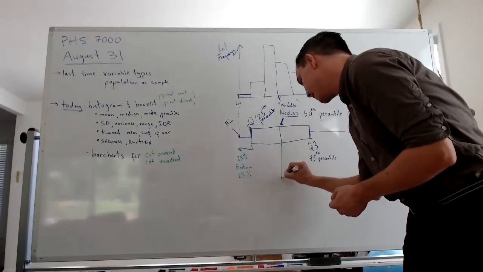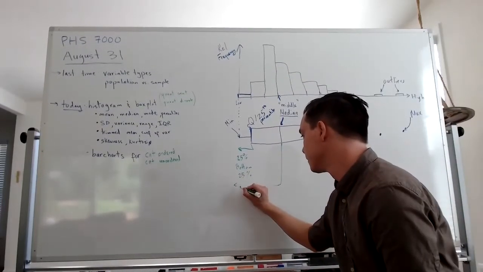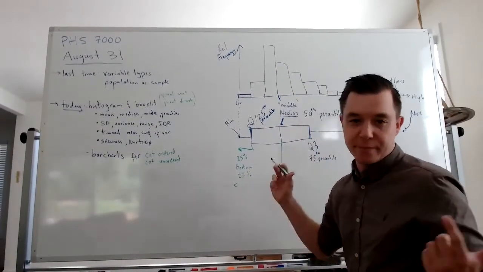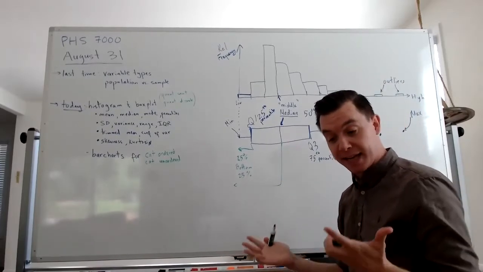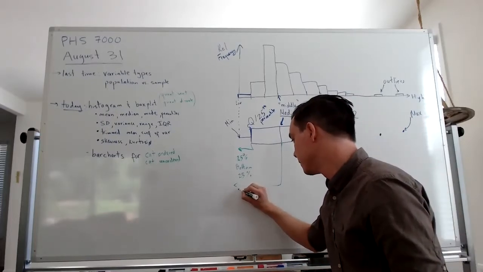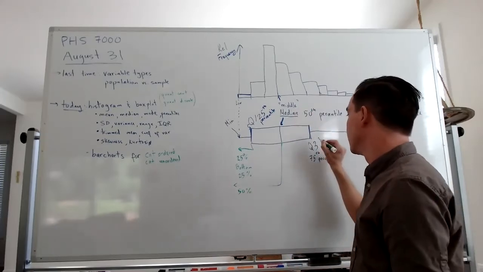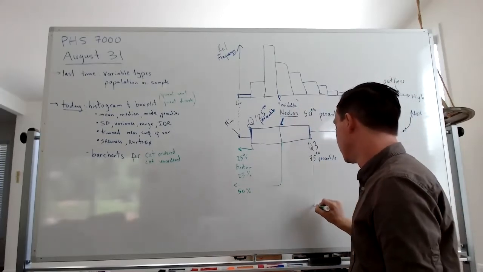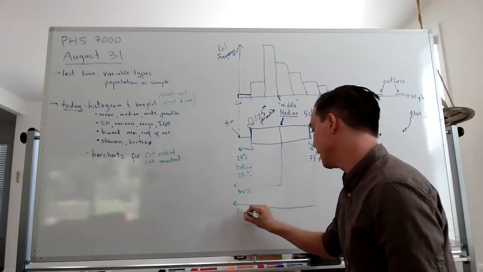So that means 50%. We can say bottom 50, top 50, that doesn't matter, right? Because there's the same amount of data inside the top 50 as the bottom 50. 75% of the data is here.